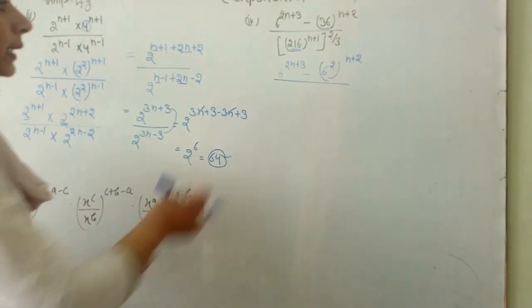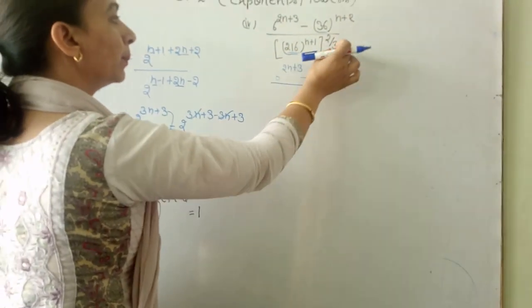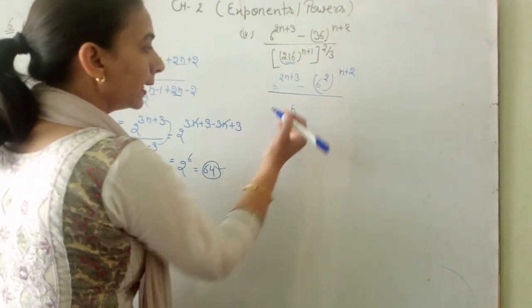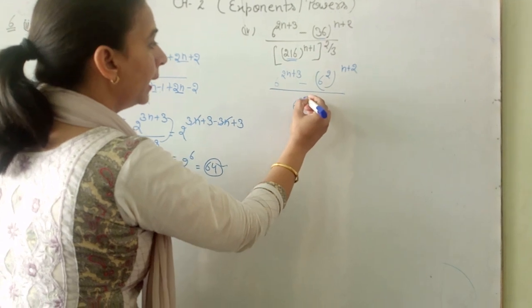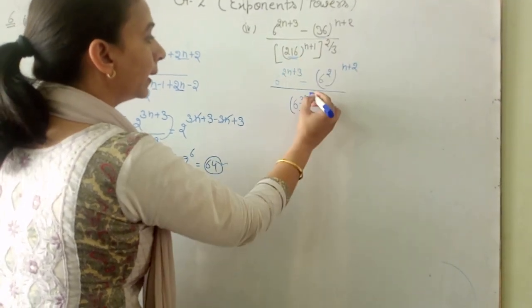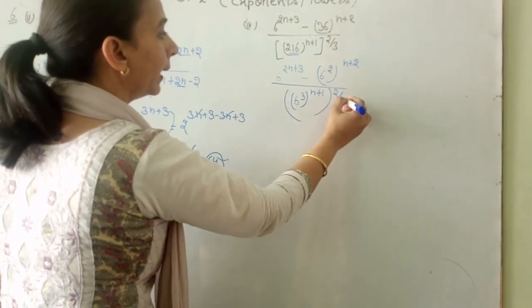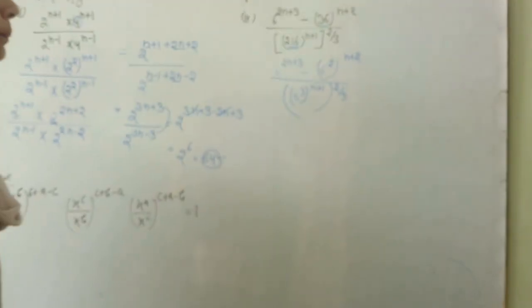We can write 216 as a number with power 3. 216 can be written as 6 raised to the power 3, and this raised to the power n plus 1, and this raised to the power 2 by 3. Clear?